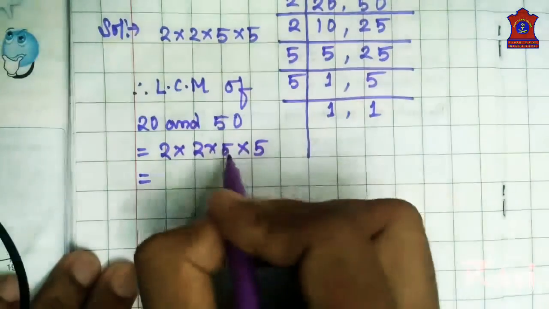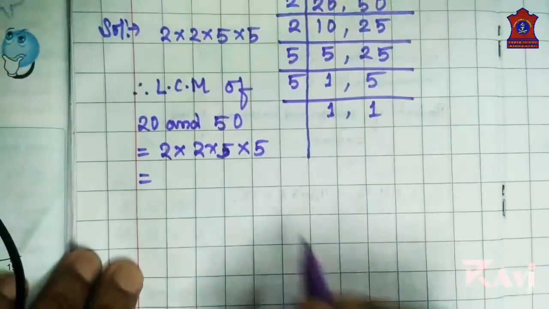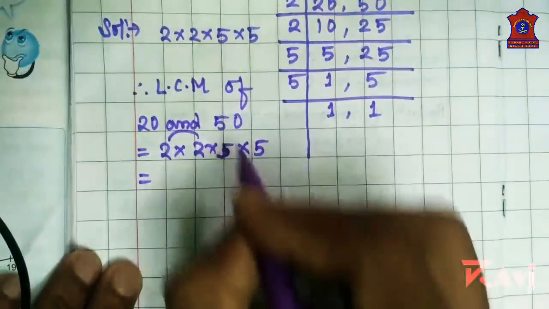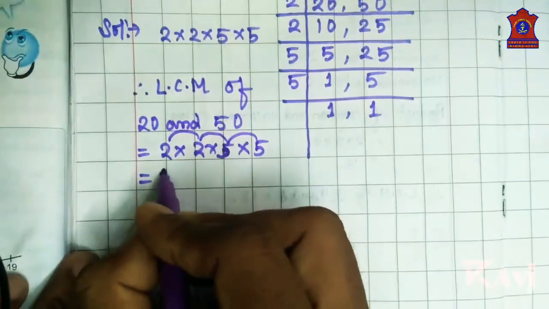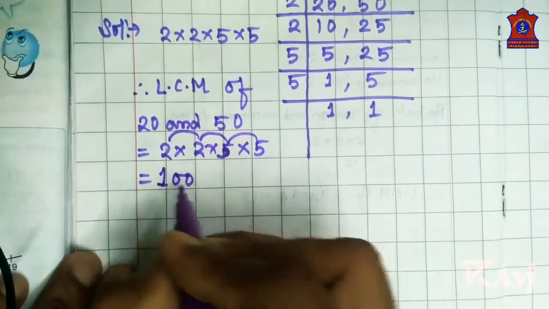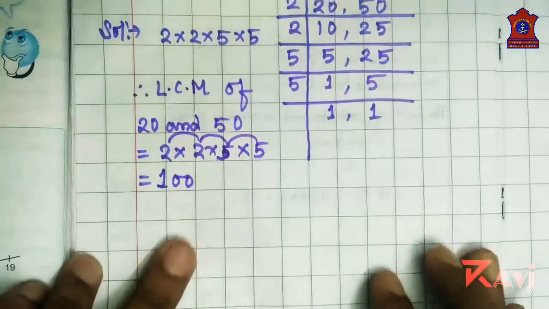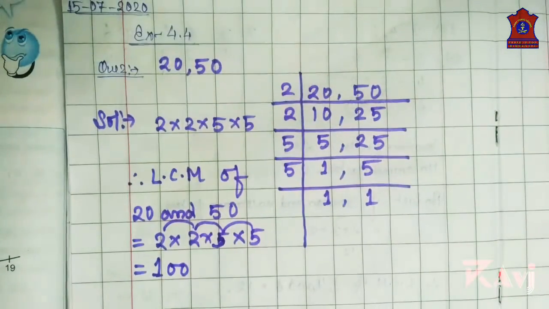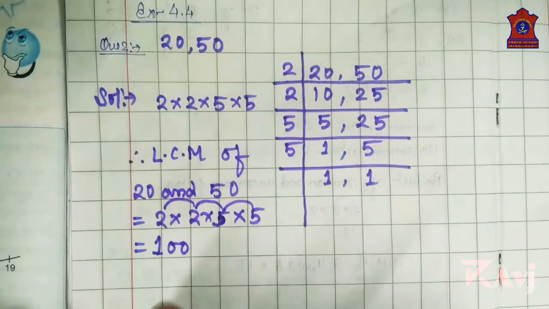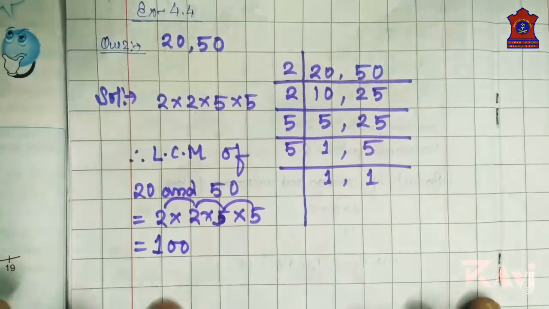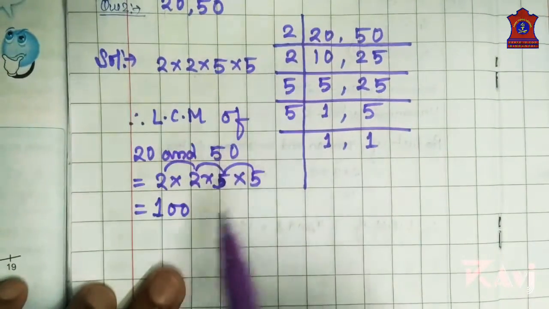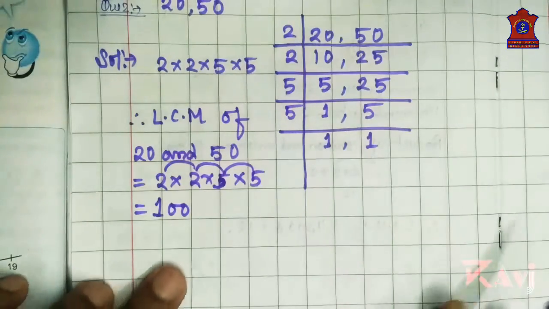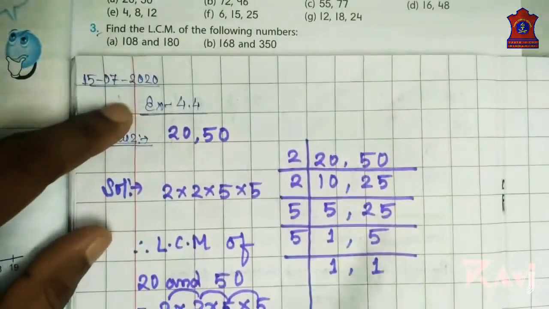Clear? 2 into 2 into 5 into 5. 2 2s are 4. 4 5s are 20. 20 5s are 100. You need to know all the tables. Clear? So this is the division method of finding LCM of the given numbers. Clear? So what is the LCM of 20 and 50? 100. Clear? Next, we'll do one more question.